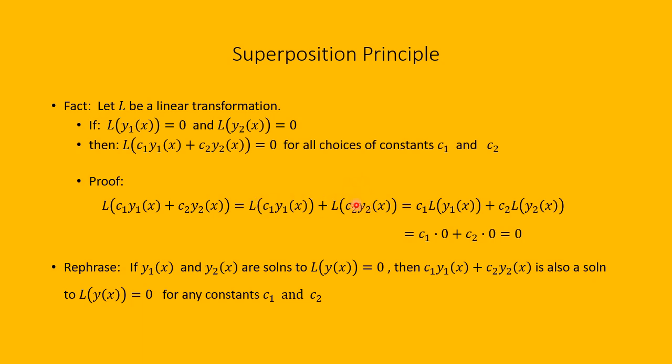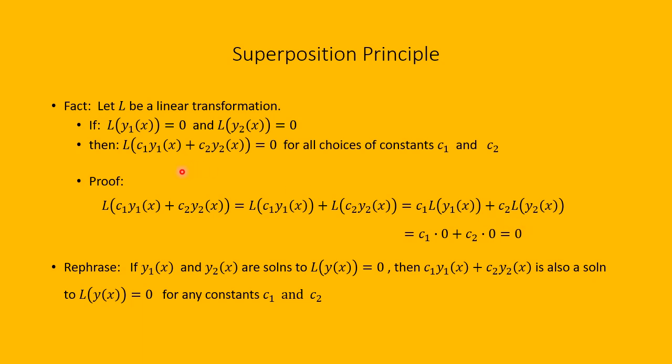So this equals c1 times L of y1 of x plus c2 times L of y2 of x. But L of y1 of x is 0, and L of y2 of x is 0, so this becomes c1 times 0 plus c2 times 0, which equals 0.